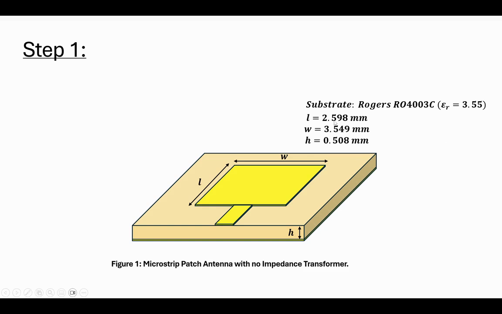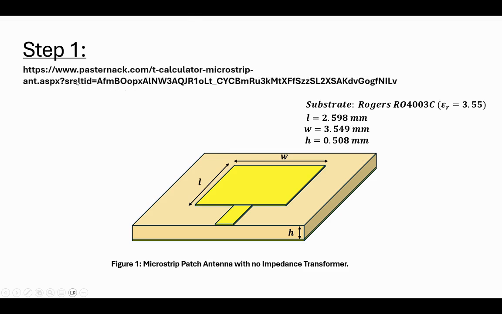We extract these parameters by going to this website, where you can input the frequency and the dielectric constant, and it will give you the length and the width of the antenna. The height I chose is one of the heights that is used for PCB fabrication.